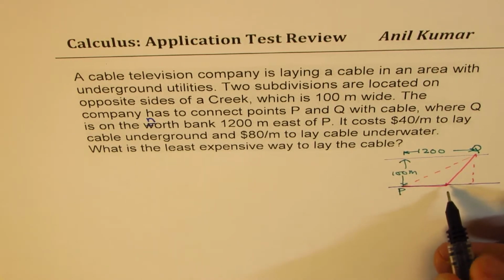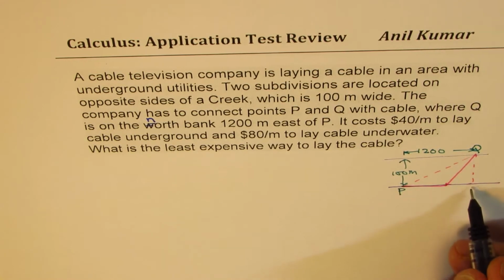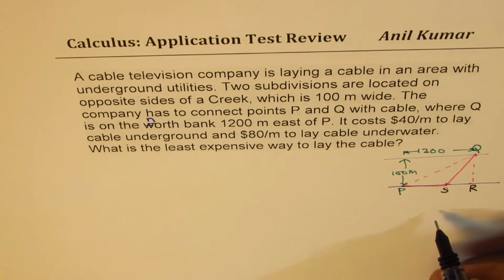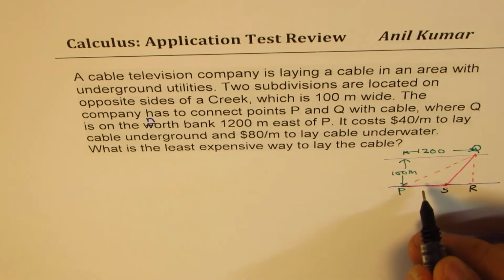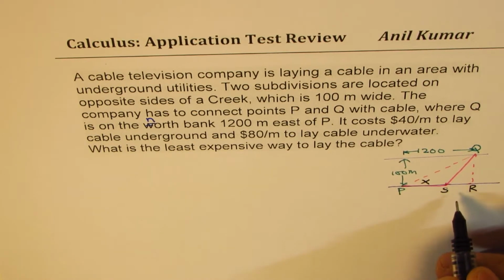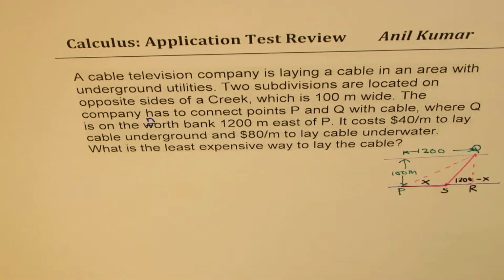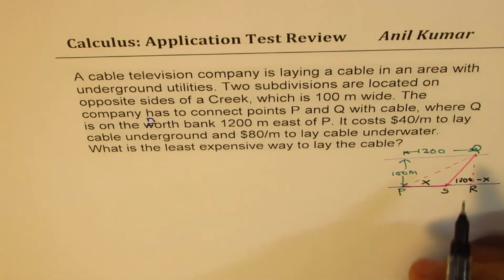Now let us say this is the opposite end, and let this be the point from where we go underwater. Now in this particular case, if I assume PS distance to be x, then SR distance will be 1200 minus x, correct? Since total is 1200. Now let's figure out the cost.